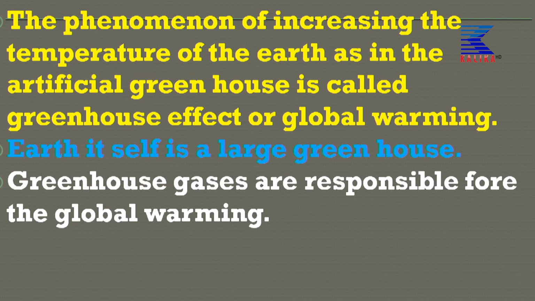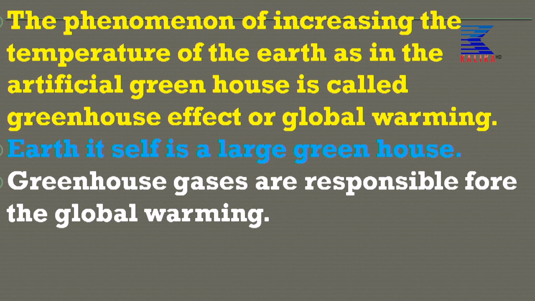So what is the greenhouse effect first of all? The phenomenon of increasing the temperature of the Earth, as in the artificial greenhouse, is called the greenhouse effect or global warming.